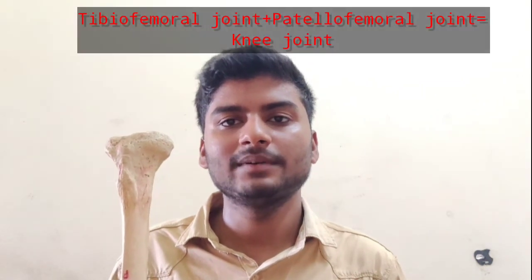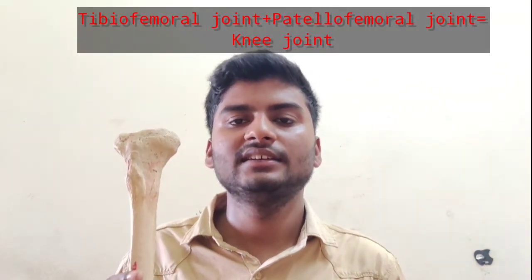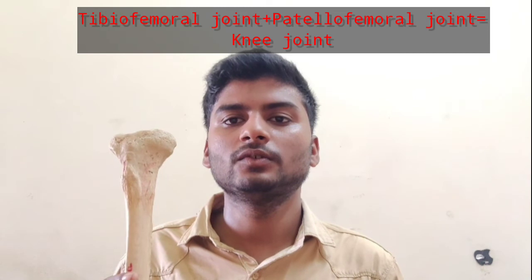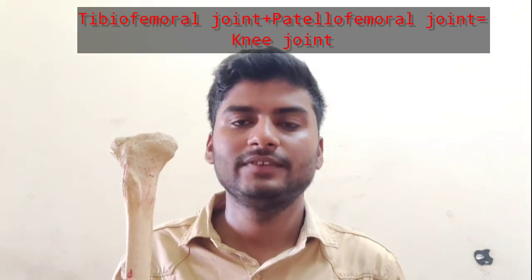The middle tibiofibular joint is a syndesmosis type of fibrous joint, and the last one, the inferior tibiofibular joint, is also a syndesmosis type of fibrous joint. Now there is another articulation, and the tibia forms the knee joint with the femur, and it is a modified hinge type of synovial joint, and it is formed between the two condyles of tibia and femur.